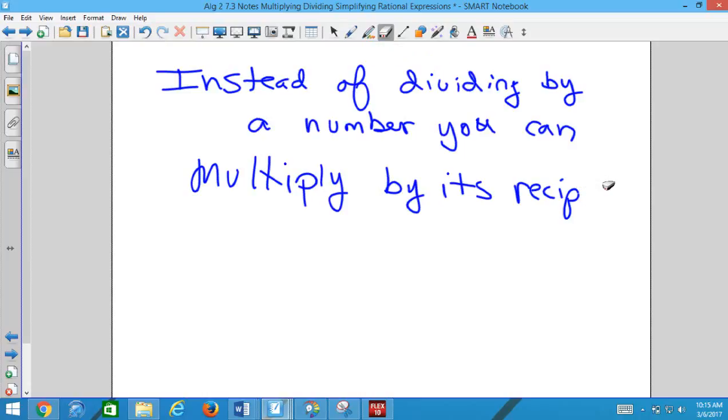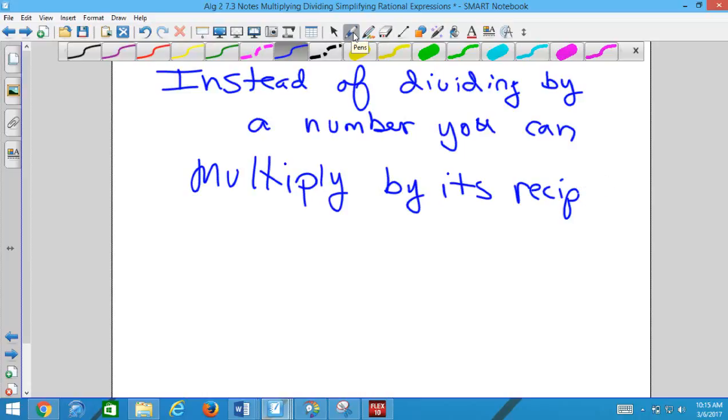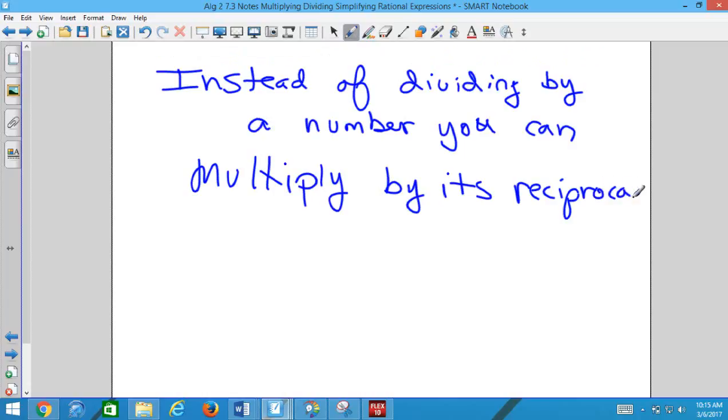Okay, so instead of dividing by a number, we can multiply by its reciprocal. That word "by" is where the sign is.